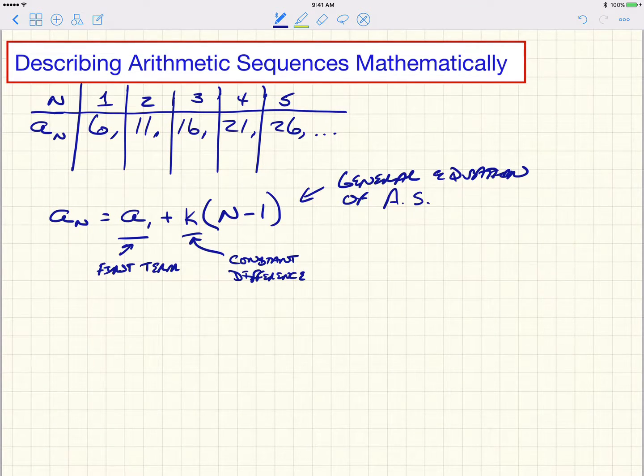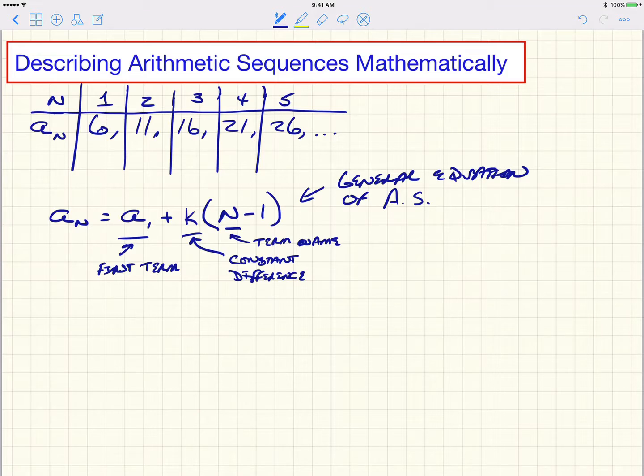And then n minus 1, n is the sequence value, the term name. It's the number of the term in the sequence. So that's the general equation of an arithmetic sequence. The general equation.